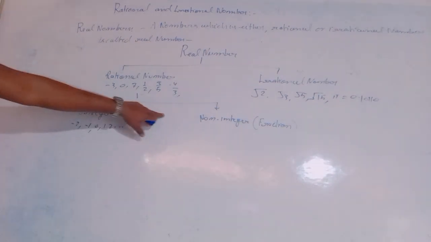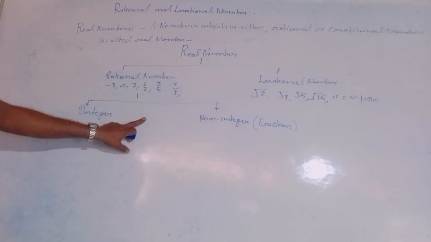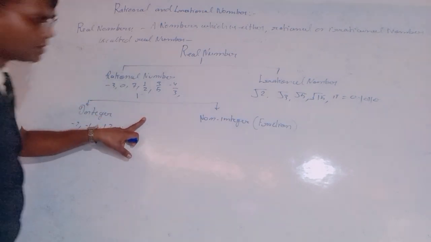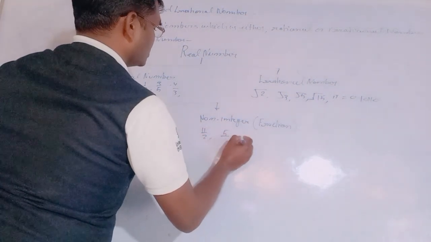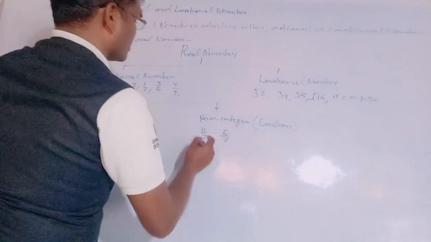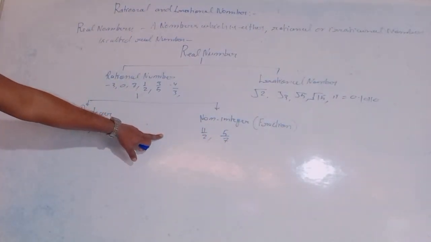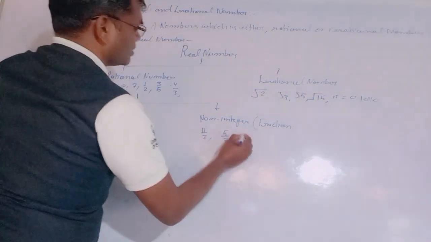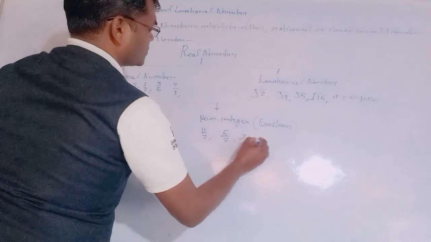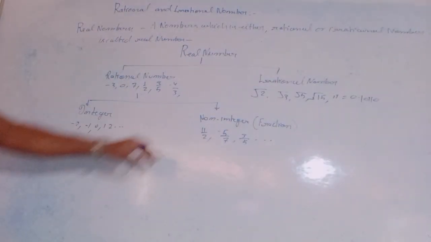And the non-integers, we define here as 11 by 2, 5 by 7, 3 by 5. These are the fractions.